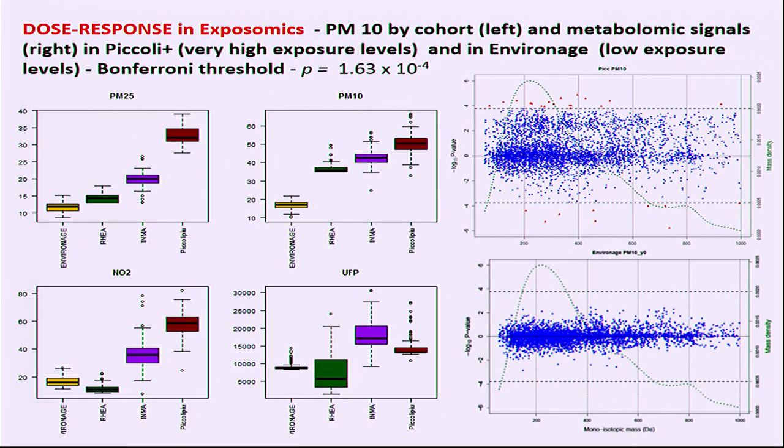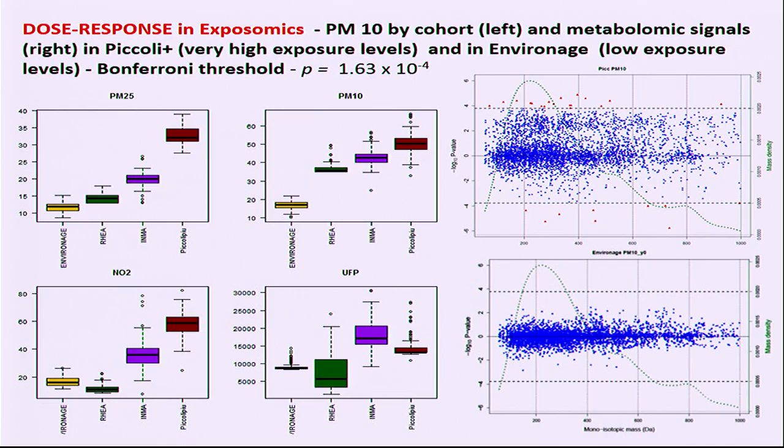Well, this is still preliminary, but it is the kind of work we are doing in Exposomics because we have cohorts with huge differences in levels of exposure. This is PM10, and this is a component of Exposomics in children. And we have children coming from Turin, where I come from, by the way, exposed to very high levels of PM10 or PM2.5, whereas children from Belgium, the Environage cohort, have much lower levels of exposure.